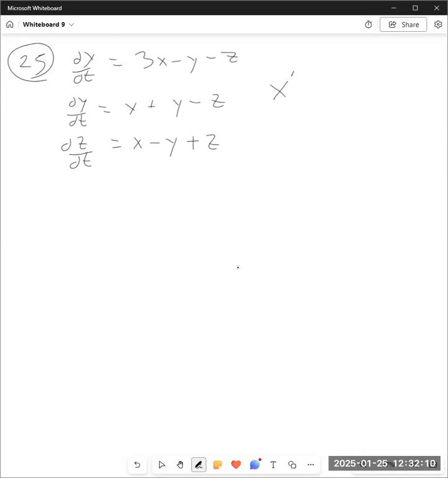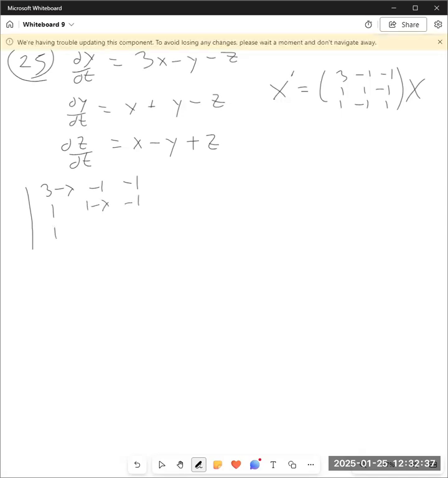So X prime is equal to the matrix 3, negative 1, negative 1, 1, 1, negative 1, 1, negative 1, 1 times capital X, and the characteristic equation is 3 minus lambda, negative 1, negative 1, 1, 1 minus lambda, negative 1, 1, negative 1, 1 minus lambda.